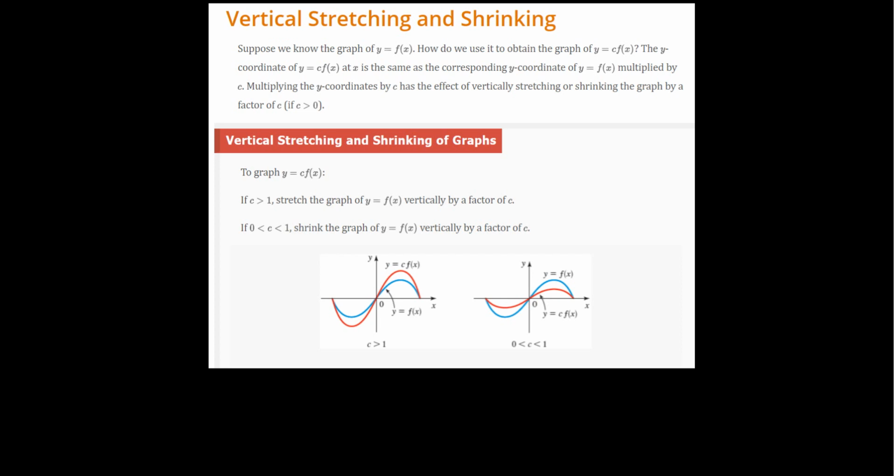So we're looking at c, some constant, times some function. If our value is greater than 1, then we're going to stretch the graph vertically. For instance, this blue line is my parent function, just a little wave.